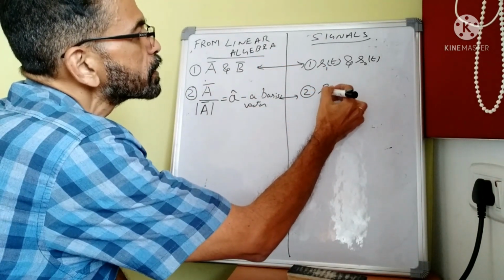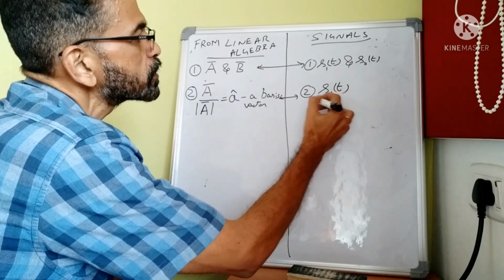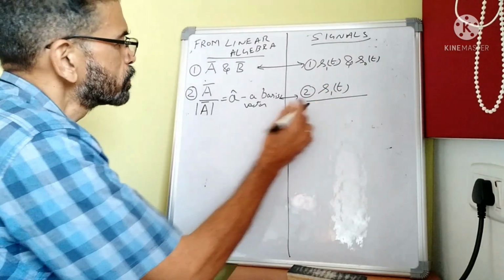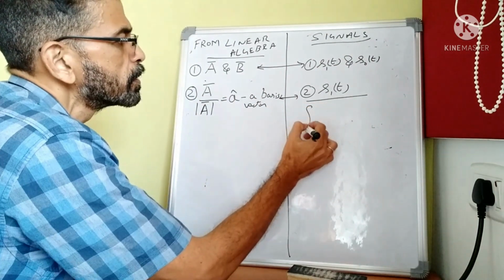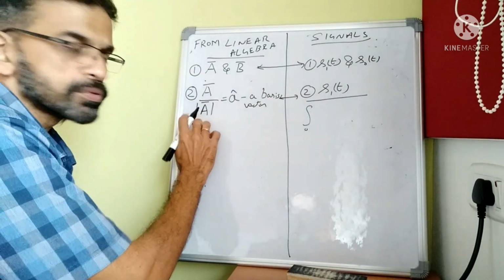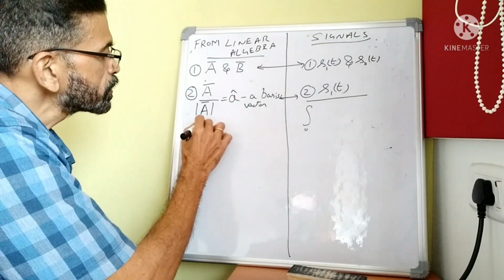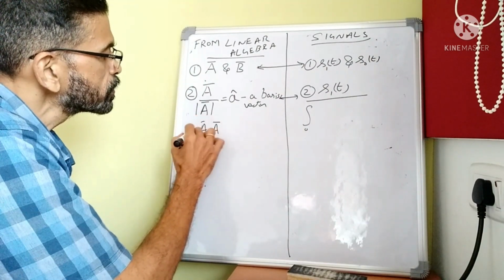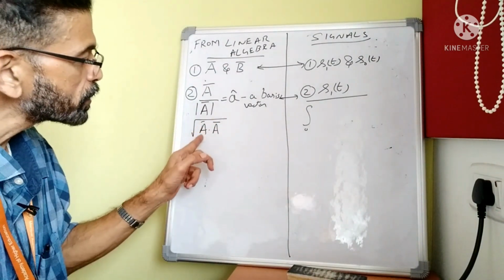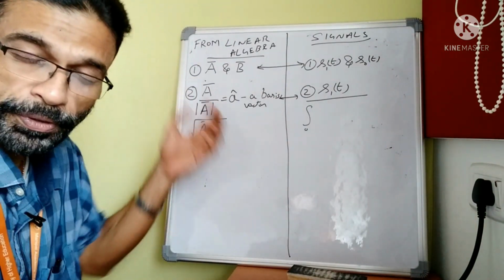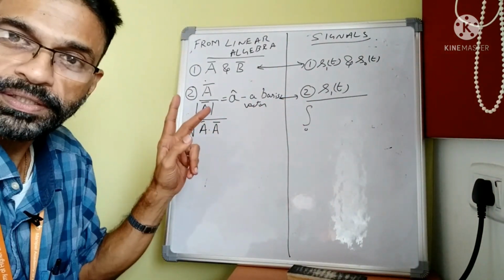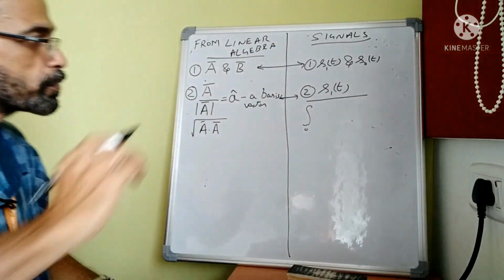So we divide S1t with its magnitude, and this magnitude, as you know, is obtained like this. We have to take an inner product, a dot product of that signal S1t with itself, and then put it under the square root.